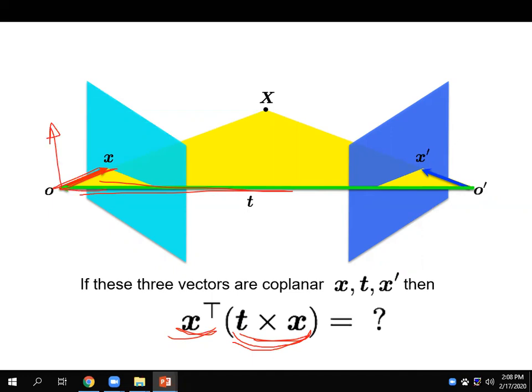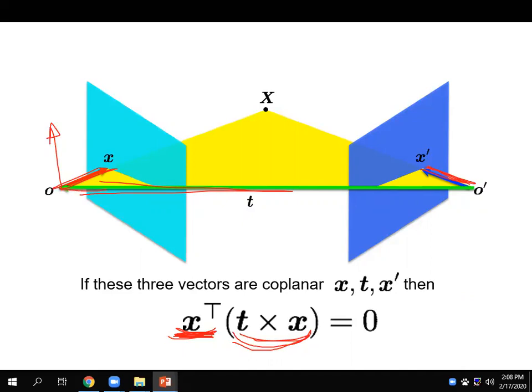Correct? And if I do the dot product with the X, with this vector, what will be the results? It is perpendicular to any vector in that plane, correct? So the results will be equal to 0, correct? That's why with coplanar, now we get a useful stuff from that. So the results will be 0.